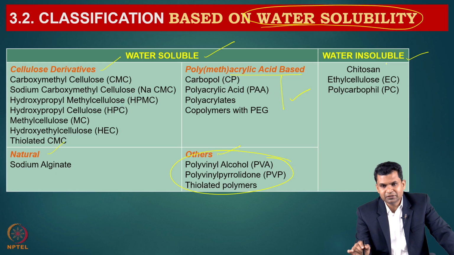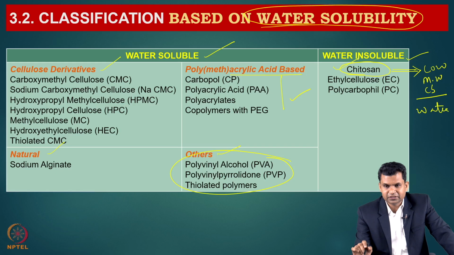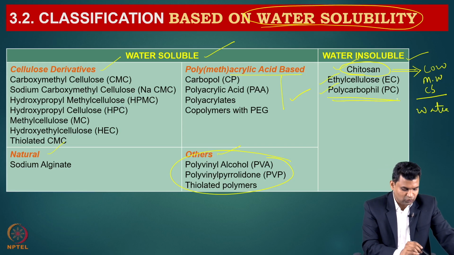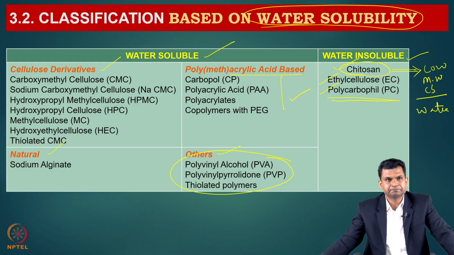And for the water insoluble, yes, chitosan is water insoluble because of the hydrophobicity and, second thing, high molecular weight. But after various treatments and hydrolysis, we can also get low molecular weight chitosan which is water soluble. In the case of chitosan we need to use acetic acid to dissolve it, and ethyl cellulose and polycarbophil are also the best examples of water insoluble polymers.